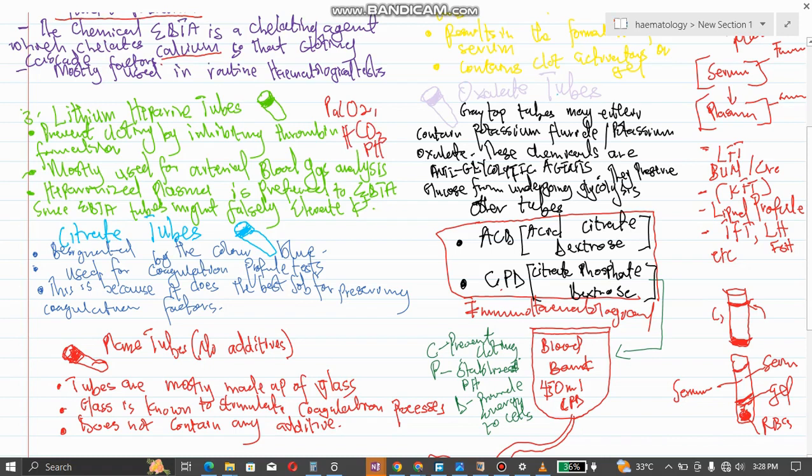These components, or these markers, are mostly found in the plasma, and it is this tube that does the best preservation of these markers. Okay, so heparinized plasma is much preferred to EDTA, since EDTA tubes might falsely elevate potassium. As we've already discussed, the EDTA tube contains potassium.